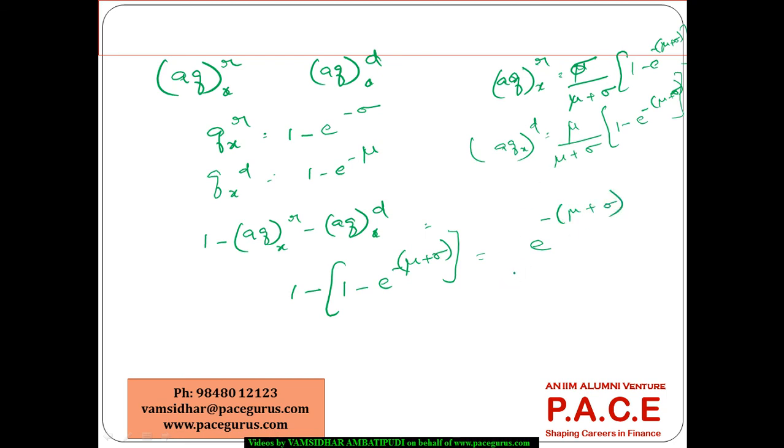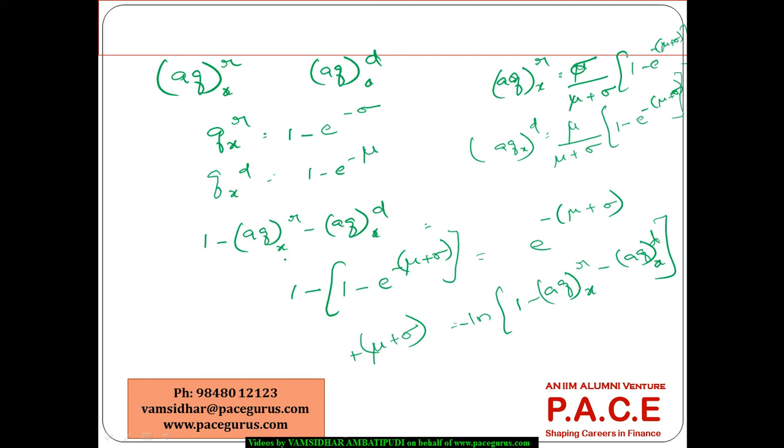And so overall it is working out as minus (mu plus sigma) is equal to the logarithm of 1 minus aqx of R minus aqx of D. So mu plus sigma becomes the minus of this. So from here I can very well get mu plus sigma.